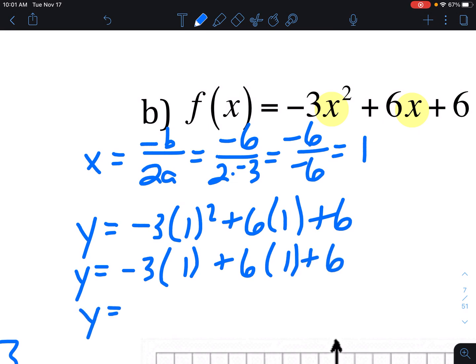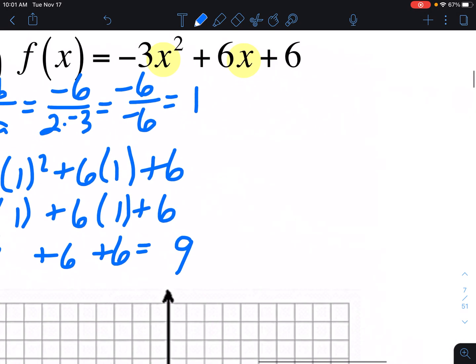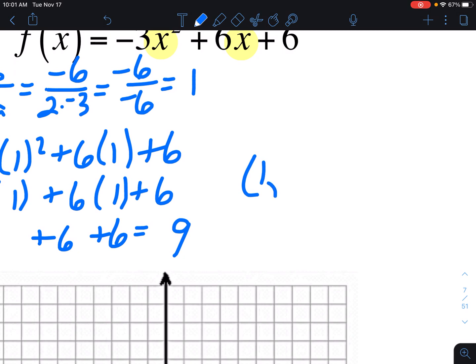If you don't carefully use parentheses in order of operations, you're going to screw up when you get your y value, and your points will be all jacked up. So multiply here, and then we can add those numbers together and get 9. Not negative 9, positive 9. So our vertex, we can graph now, 1, 9.